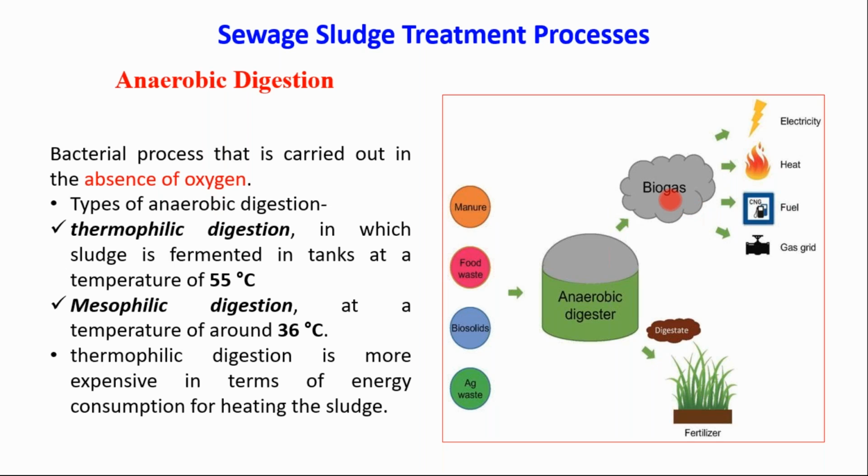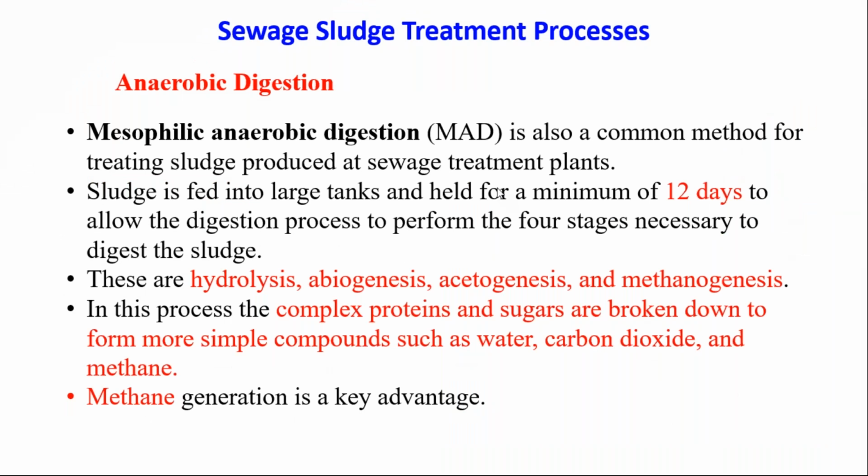This biogas can also be connected to the gas grid wherever possible. So this is the anaerobic digestion process, which may be mesophilic or thermophilic. In MAD, that is mesophilic anaerobic digestion, hydrolysis, acidogenesis, acetogenesis and methanogenesis are the four stages through which it proceeds.